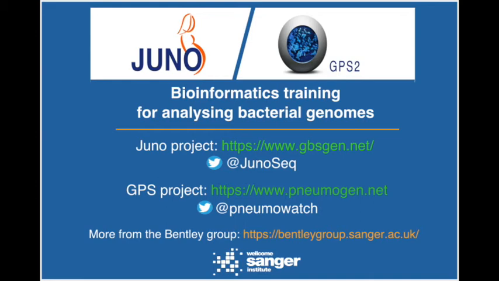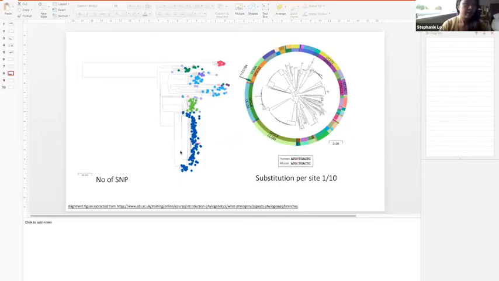Question 1 is, how do we interpret a scale bar on a phylogenetic tree? I'm going to throw that to Steph. That's an excellent question. The scale bar can be different for different trees. May I share the screen again? In a lineage tree like this, you can see the scale bar is 53 something, which indicates the scale is based on the number of SNPs. Sometimes it is like 0.06 for a species tree, which indicates the substitutions per site.